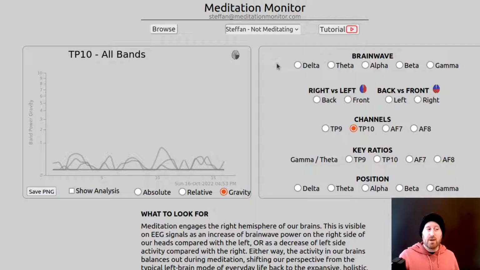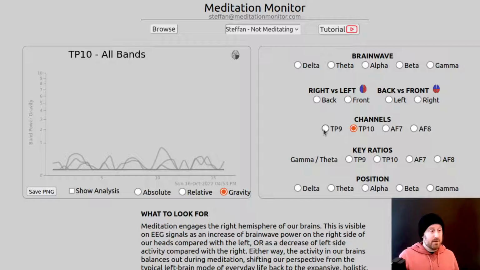By keeping a close watch on it over time, and as practice develops, and as you have experiences which are legitimately valuable to you, you can tell me what that looks like. And that might drive different types of analysis, or it might help me to refine what is going on here. Or perhaps you just have very naturally high TP10 gamma activity, which I think is wonderful.